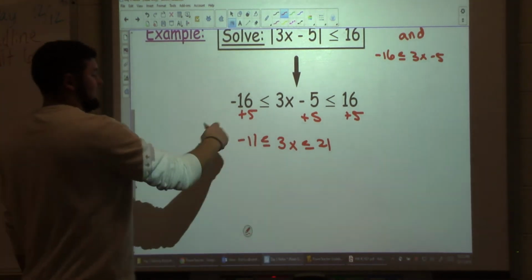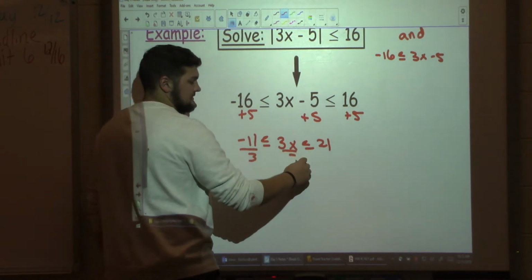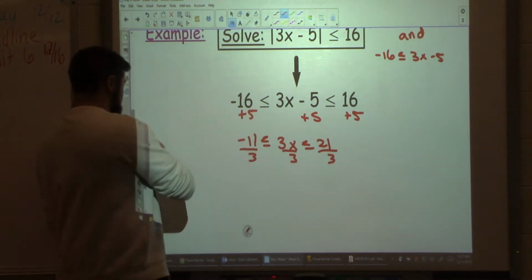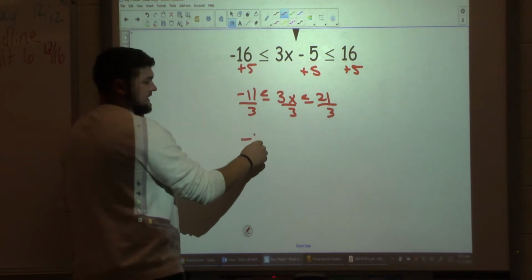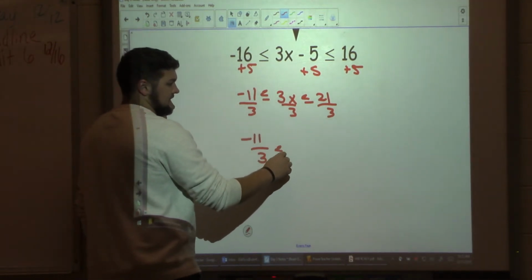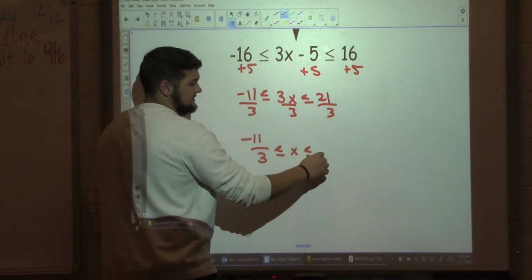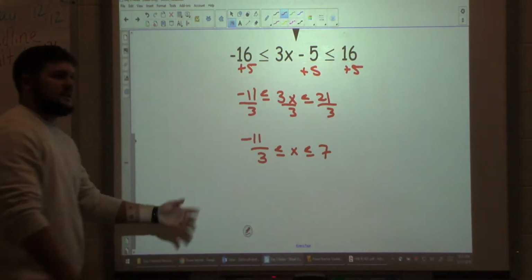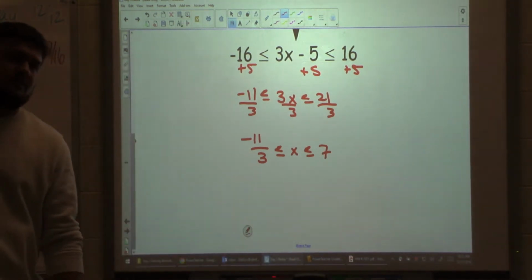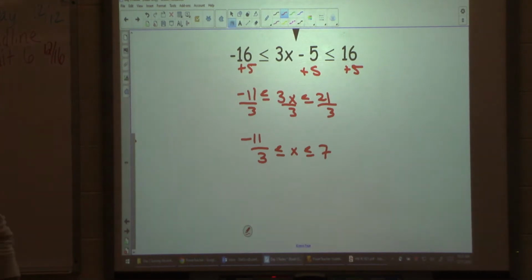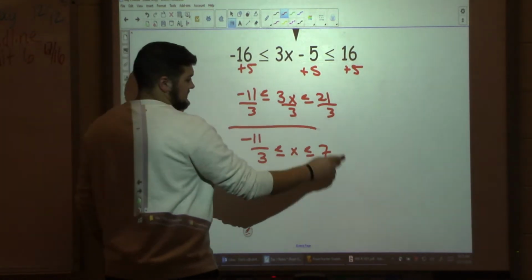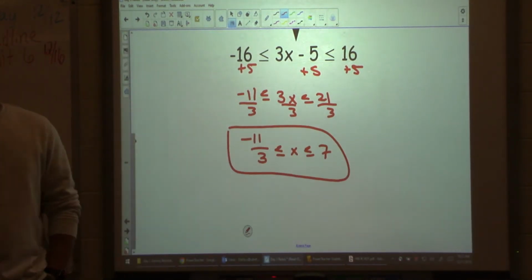Divide by 3 everywhere. -11 thirds, less than or equal to x, less than or equal to 7. Yes, -11 thirds is -3.66 repeated. You could use that. I prefer if you use the fractions, but the decimals with the repeated sign are okay. And that's our answer. Now, this problem didn't ask us to graph that, but there will be problems when we do them that will ask us to graph it as well.